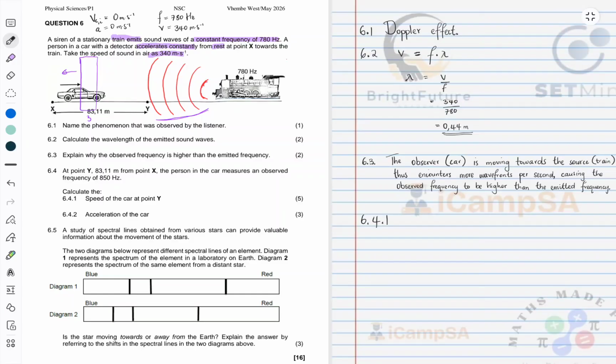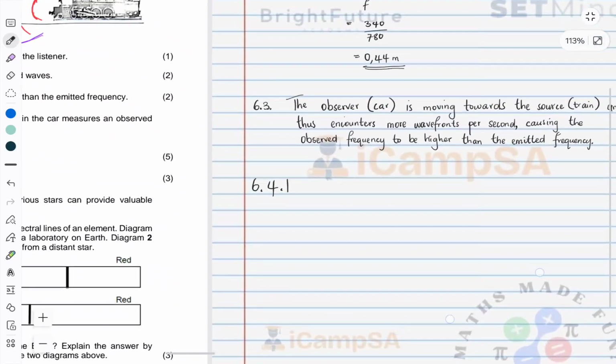Calculate the speed of the car at point Y. So by the time it reaches point Y, the observed frequency measured at the car is 850 hertz, okay? And then it has covered a distance of 83.11 meters from point X. All right.